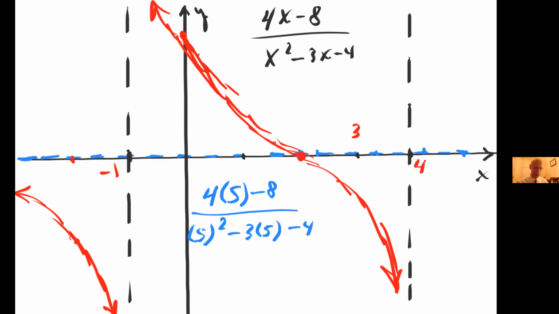That gives me 20 minus 8, so 12 on the numerator. Then I have 5 times 5 is 25, minus 15, minus 4 is 6. So I have 12 over 6, which equals 2. So positive 5 goes to somewhere at 2.